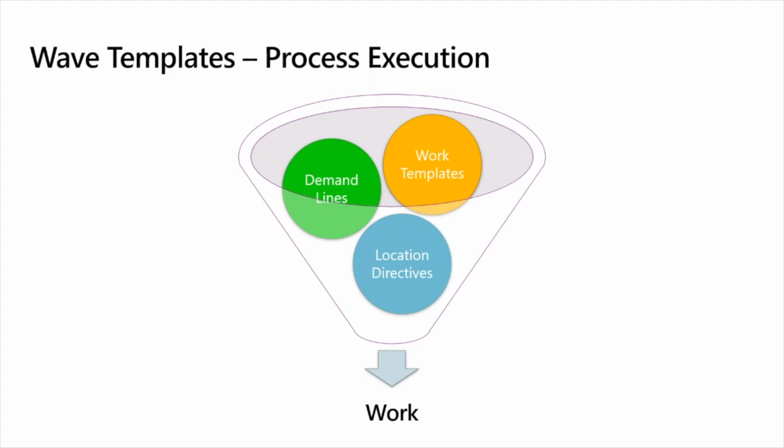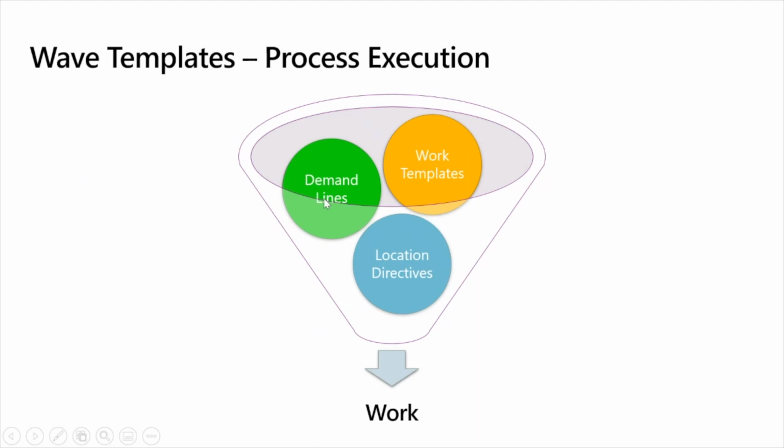For shipping scenarios, that would be your sales orders, your transfer orders. For production scenarios, you could be doing lean or discrete or process manufacturing that requires work to be created. So those are all what we consider demand lines.